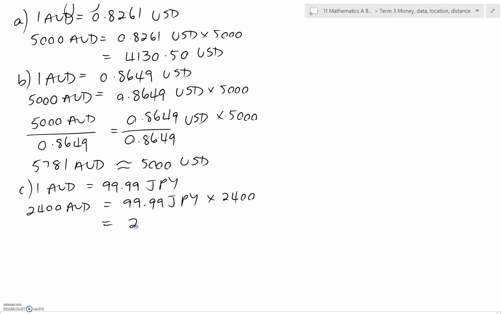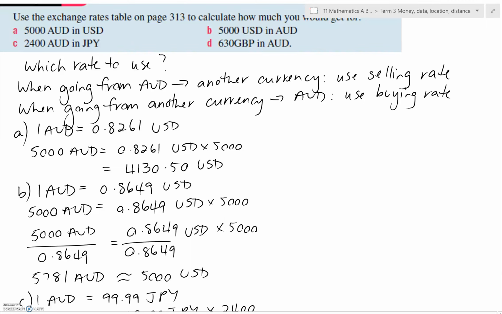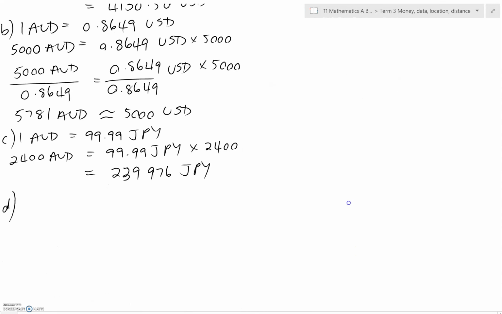It's really, really important that you do that. Don't miss that out at all, because it needs to be clear what you are saying. So 2,400 Australian dollars is 239,976 Japanese yen at that exchange rate.